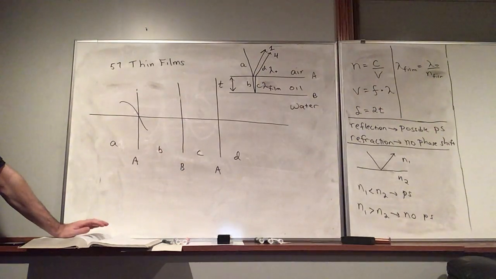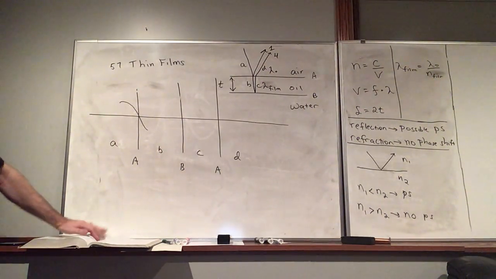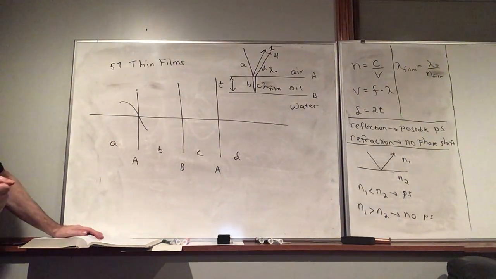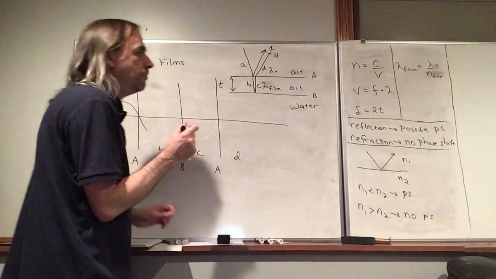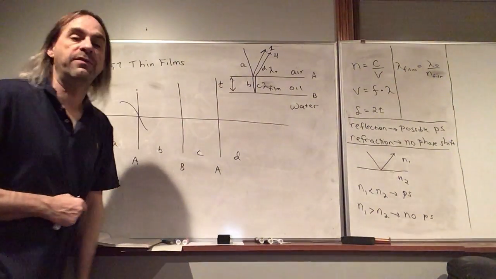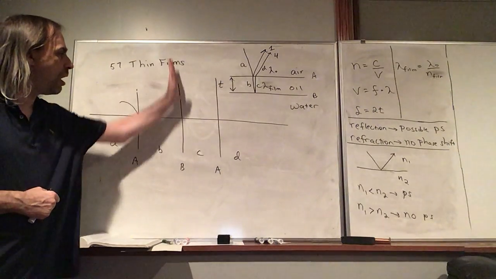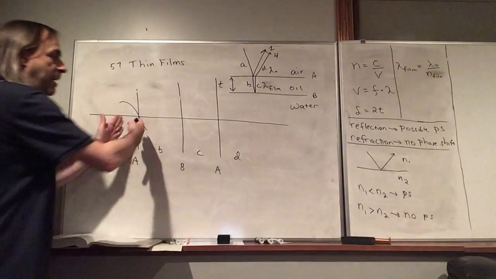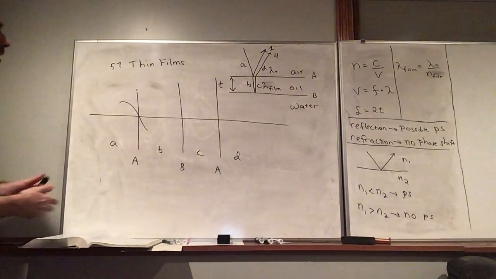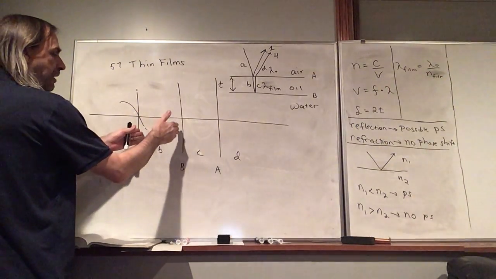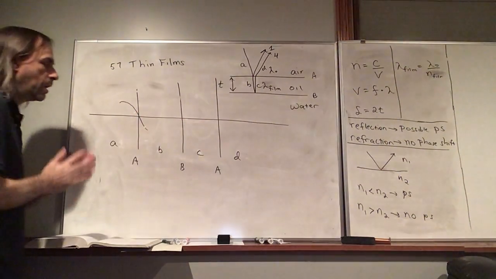Okay. Now, the question is, drawing this is fairly complicated. A couple things happen. One, usually we don't know how thick this film is. We don't know where to draw this middle, we don't know how to even draw this picture fully because we don't know the distances here and here.